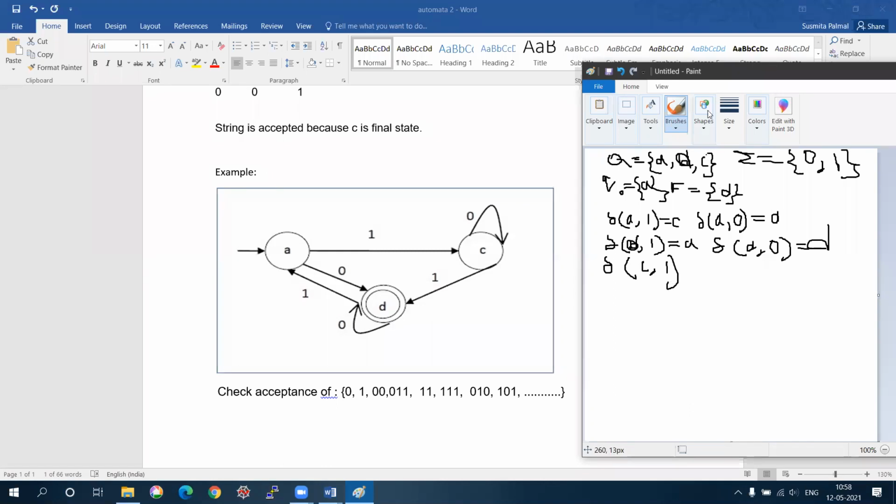Delta of C, comma 1. When you are in state C using 0, you are going to state C. Delta of C, comma 0.